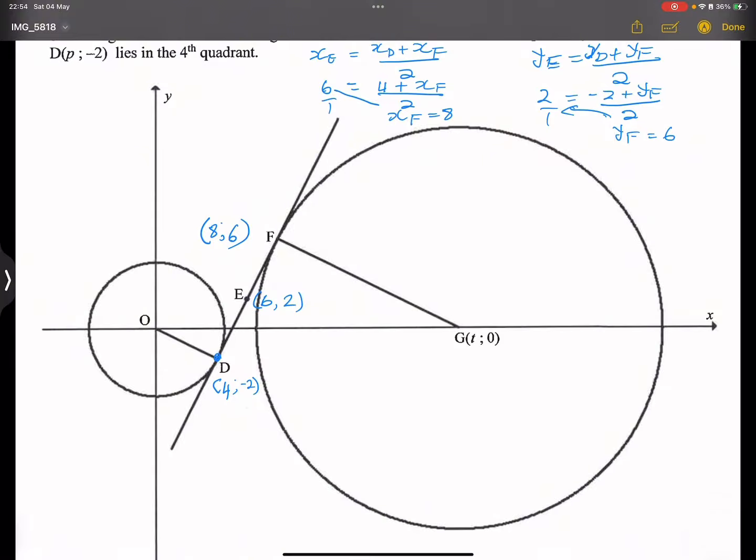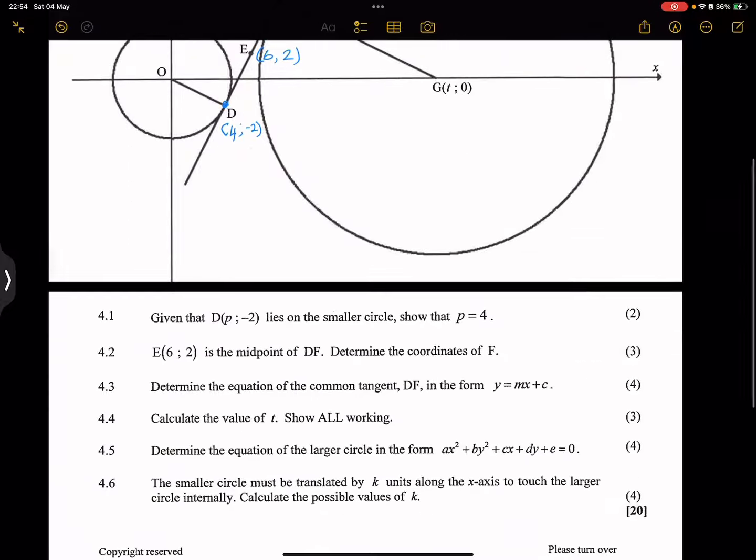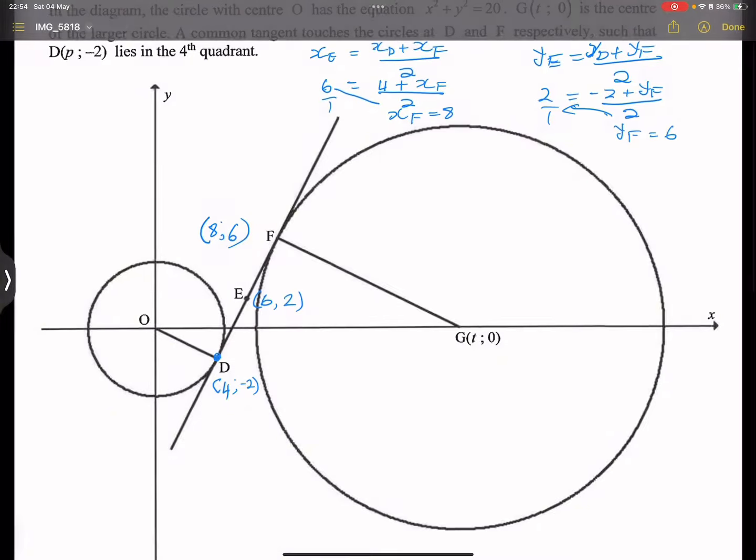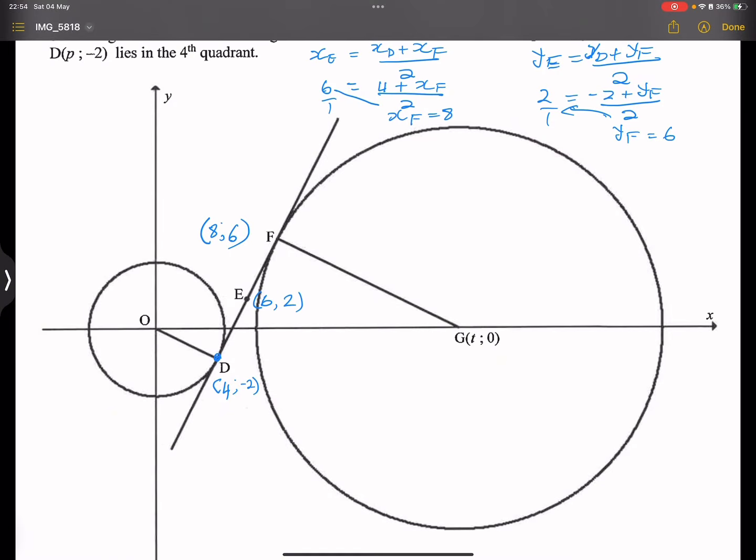Right, so the next question says that we need to determine the equation of the common tangent DF in the form y is equal to mx plus c. All right, so let's do that quickly. So we're looking for the common tangent DF. Now, if you don't mind, I'm just going to answer this question.